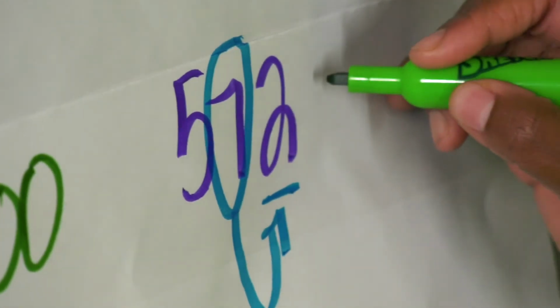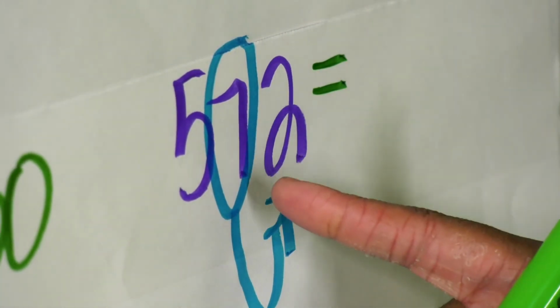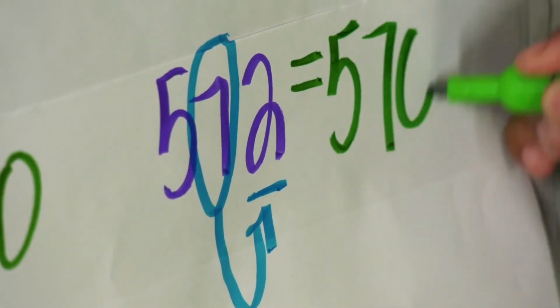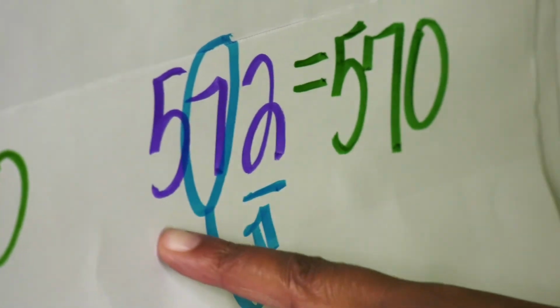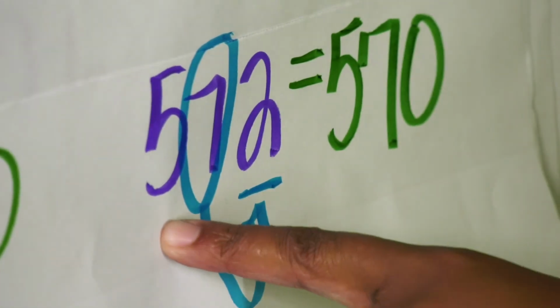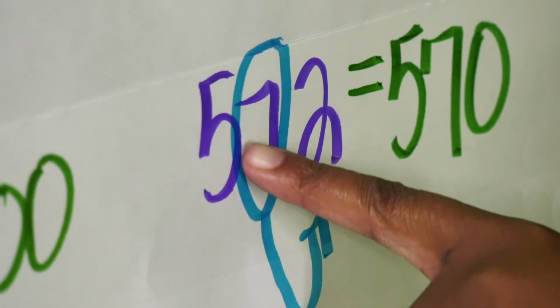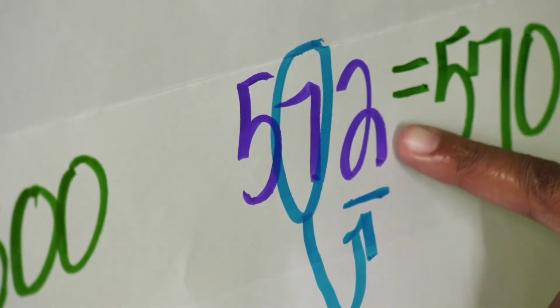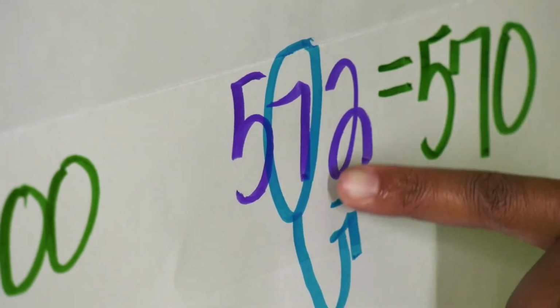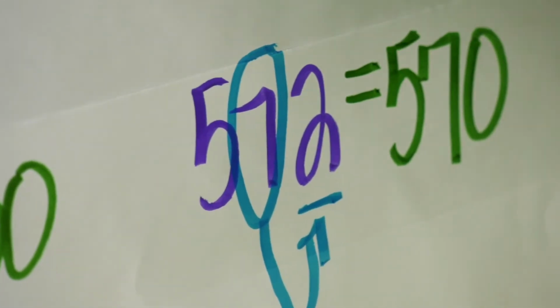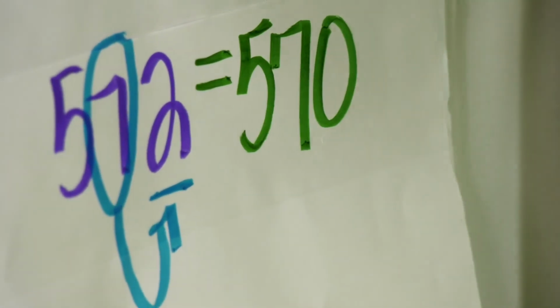So 572 rounded to the nearest tens place is 570 because the 5 is in front of our circled digit, it remains the same. The 2 told us what to do to the 7, stay the same. And any digits after our circled digit becomes a 0. So does our new value look the same?